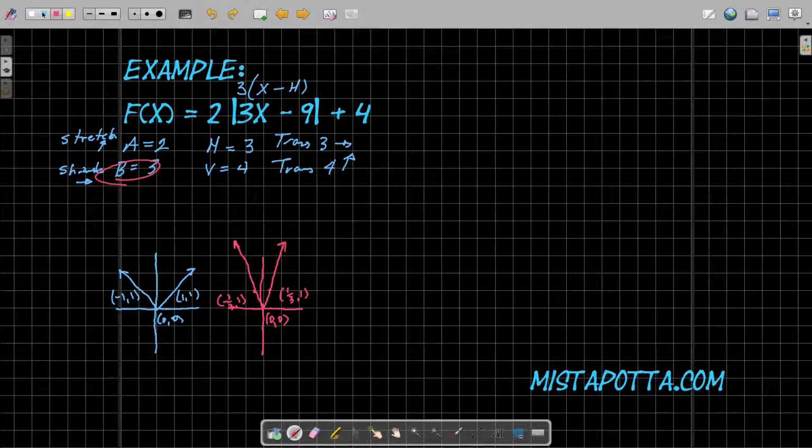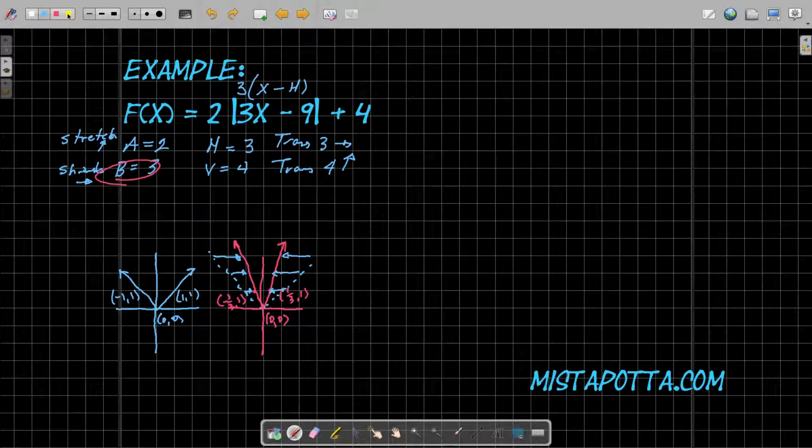In reality, what's happening is that my original graph, which was here and here, these points are being moved in towards the y-axis. So that's the shrink that we're talking about.